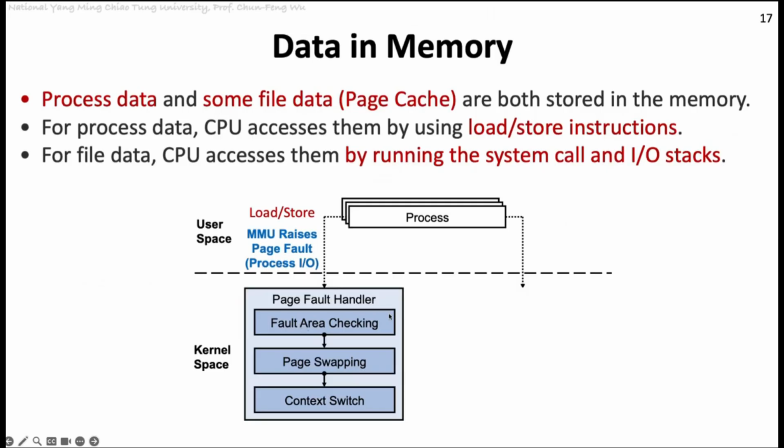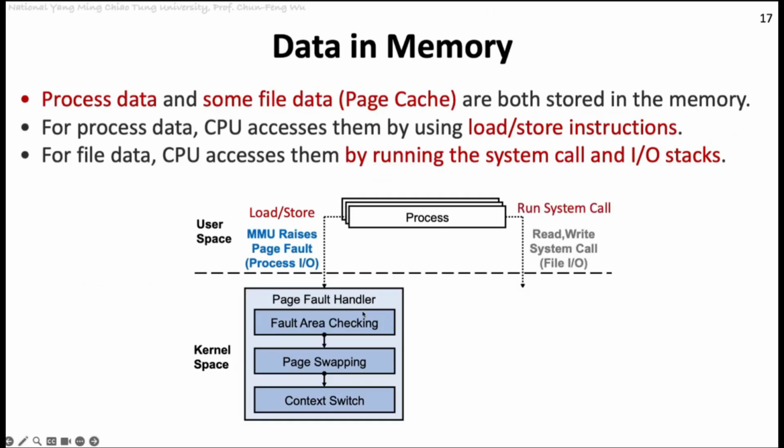And if the CPU knows it is because the data is still in the storage device, not in the memory, then the CPU will run page swapping. Because page swapping takes too much time, the CPU will run a context switch to another process. So this is the flow for the process data, if the data is in the swap area.